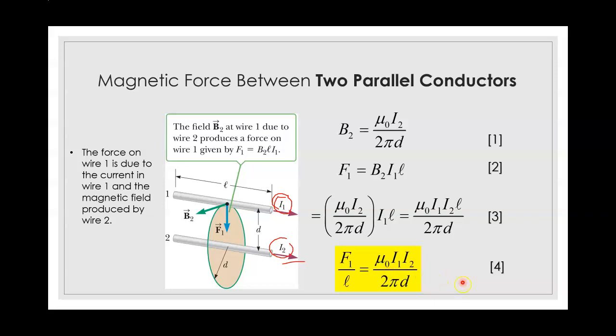This calculation is completely symmetric, which means the force F2 on wire 2 is equal and opposite to F1, as we expect from Newton's third law of action and reaction.